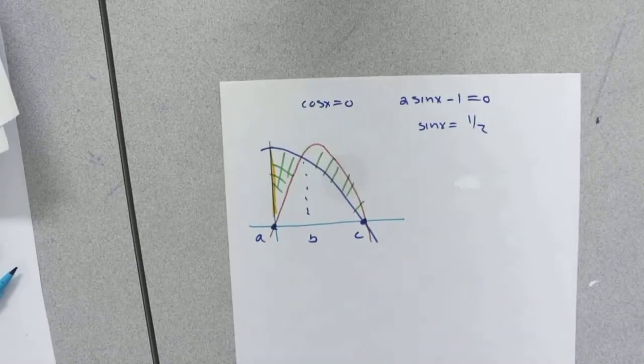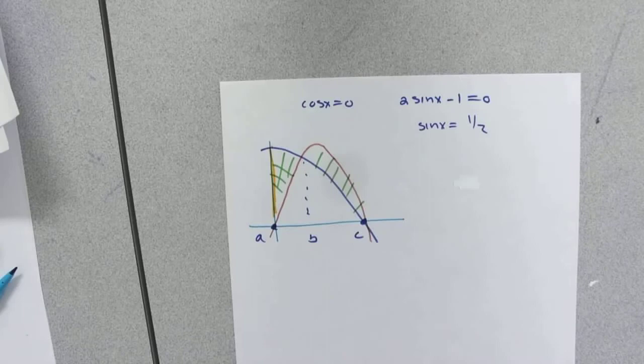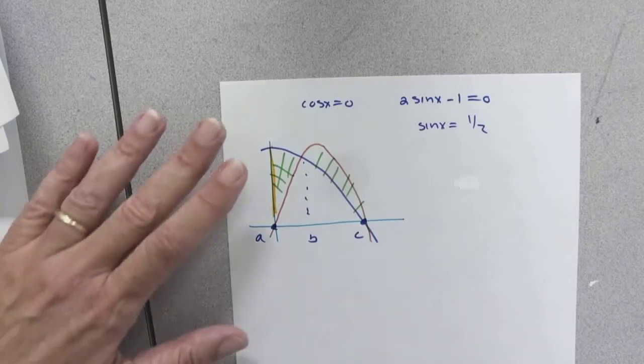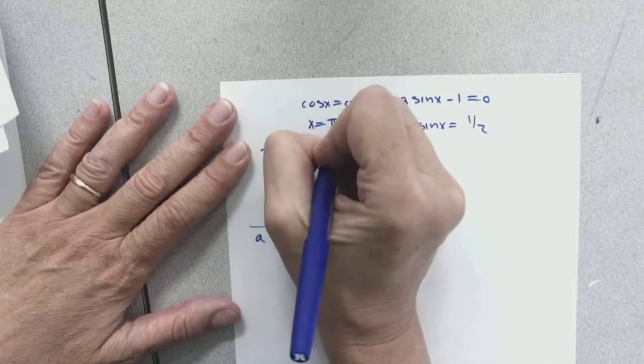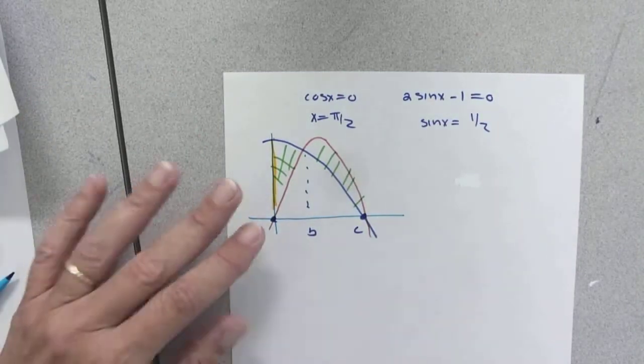So now looking at this, I want to know where cosine x equals 0. Cosine x equals 0 at pi over 2. Now, it also equals 0 in many other places, so why didn't I take those?